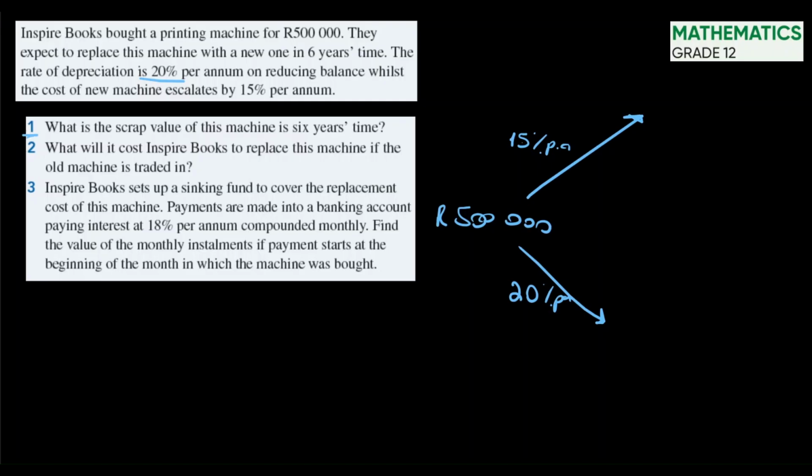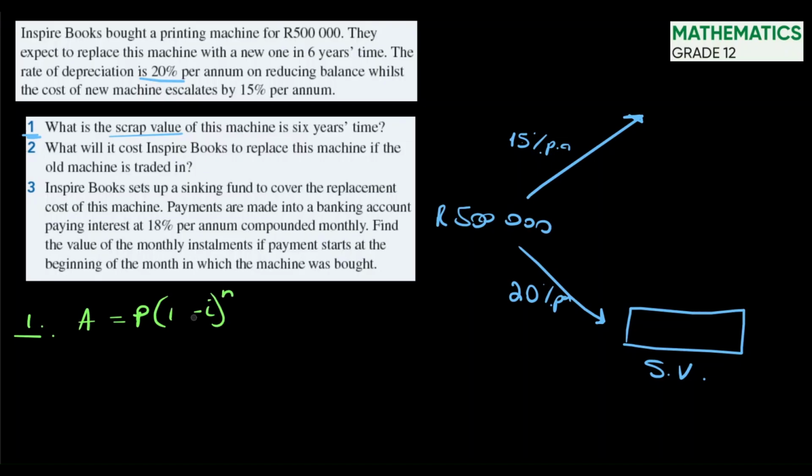The first question they ask us: what is the scrap value of this machine in 6 years time? Scrap value, remember, is the value there. So we're going to use depreciation to calculate how much it depreciated by and what the value of it is. Depreciation, reducing balance method: A equals P times (1 minus i) to the power of n.